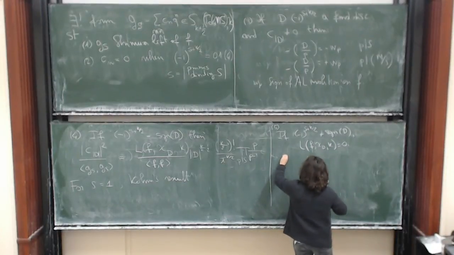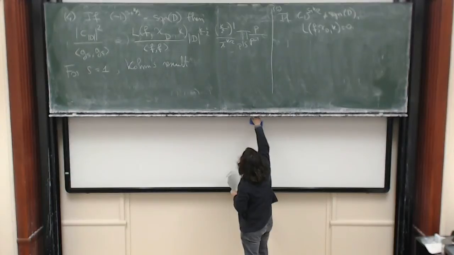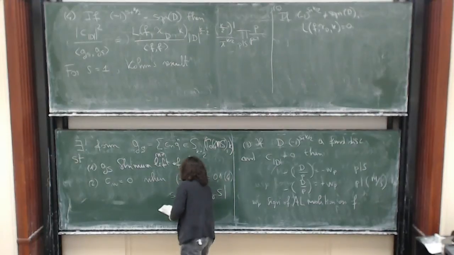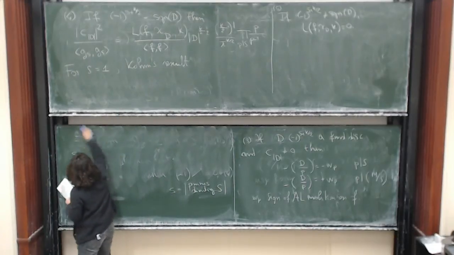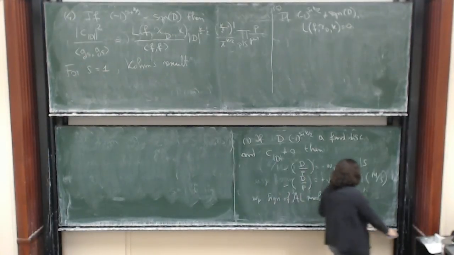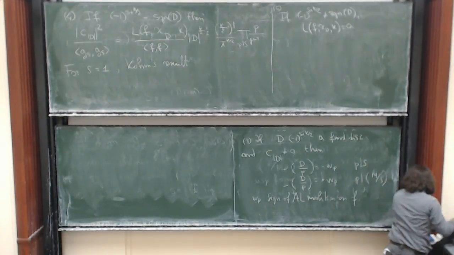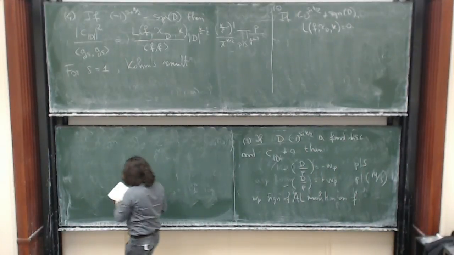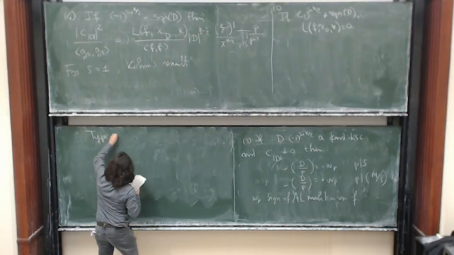So from what I said, it's more or less natural to consider two types of discriminants.